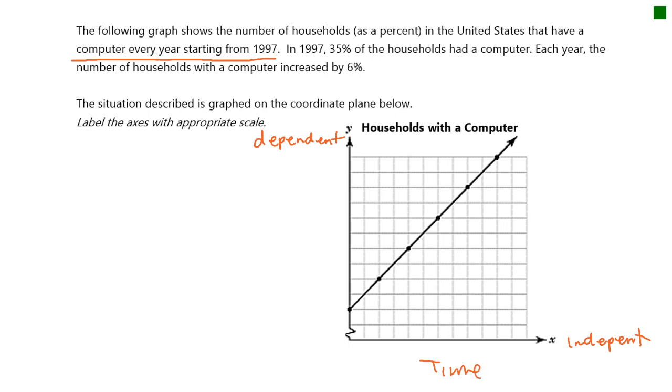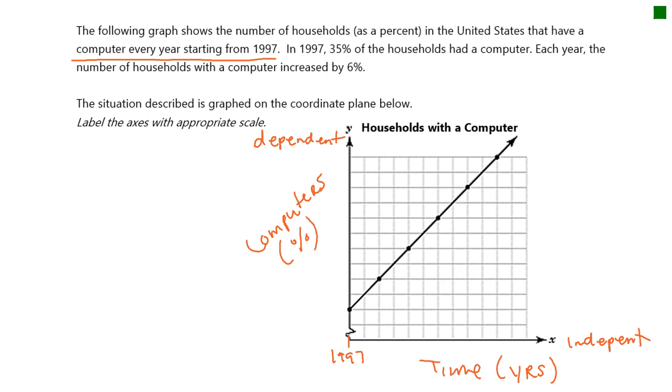Time in years. And so far from the very first sentence, I know that it's starting in 1997. That means that my dependent, the amount of computers a household has, depends on the time in years. And they told you it's a percentage.